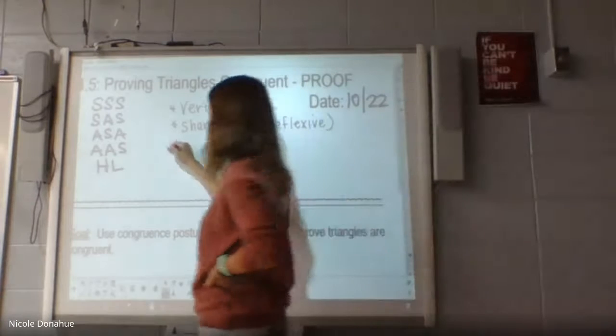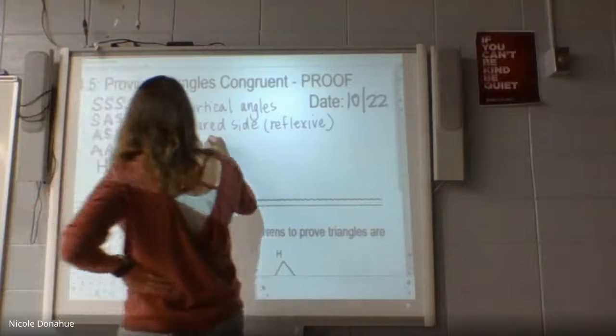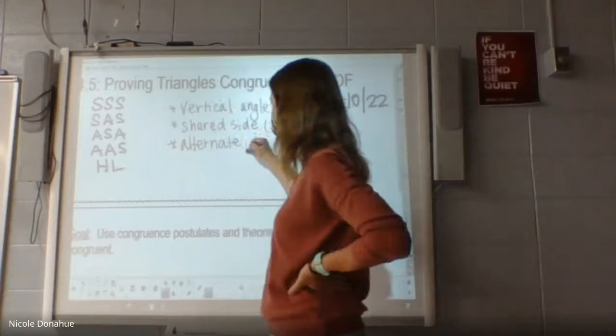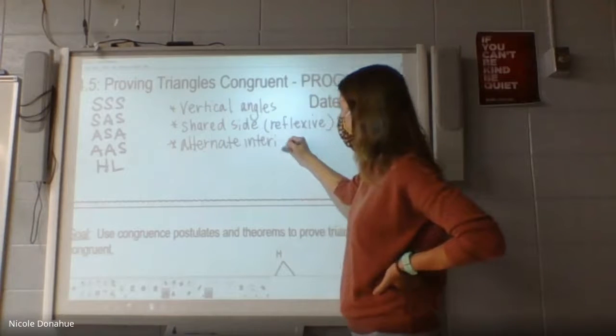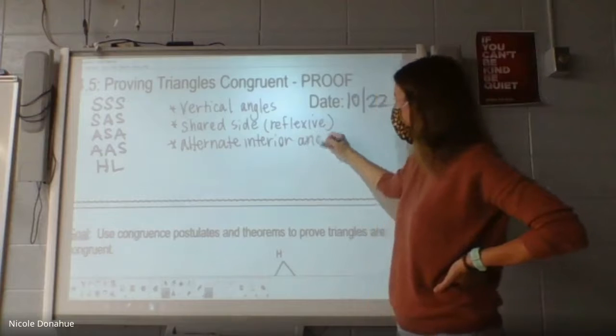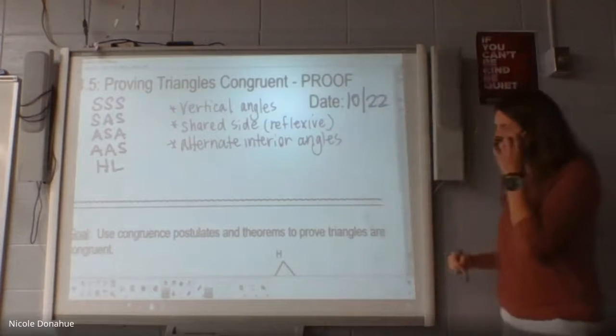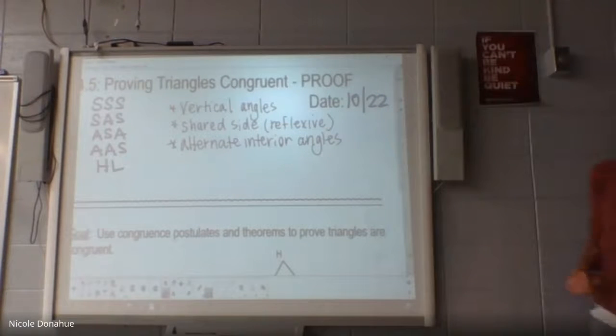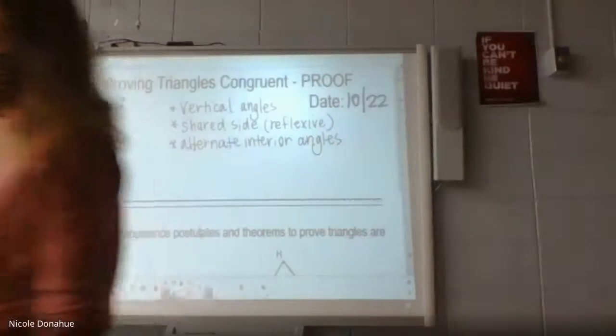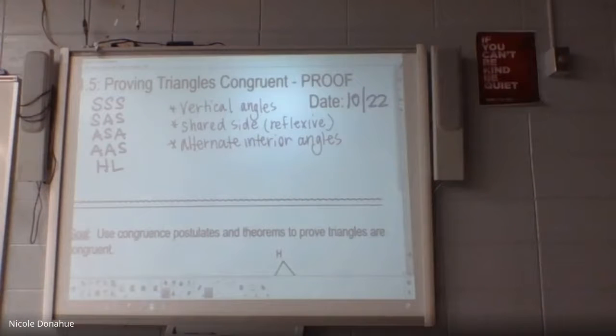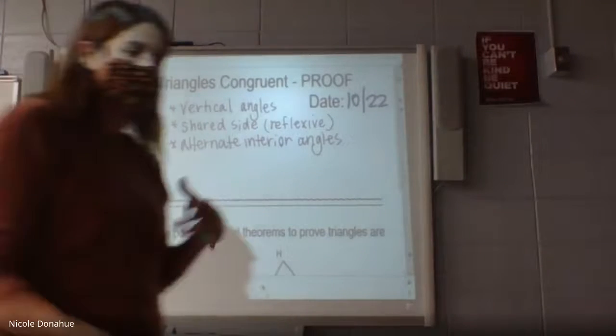We're also going to watch out for alternate interior angles. I think that's it. Think of any other ones that we might need. Now, some of the information can be given to us, so just be aware that if something's given, we can just list that in the given statement.